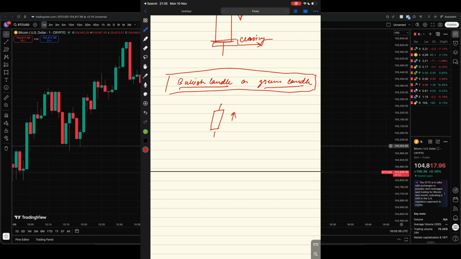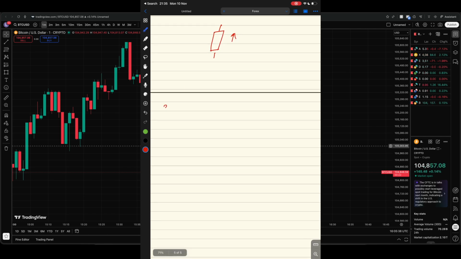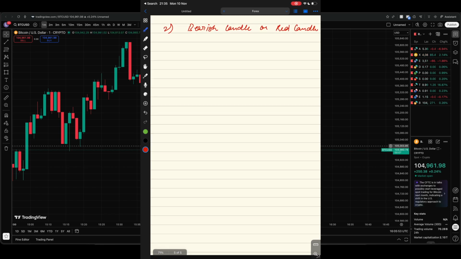The green candle tells us the price went up. And the second one is the bearish candle, or red candle. As we all know, the red candle shows us the price going down.